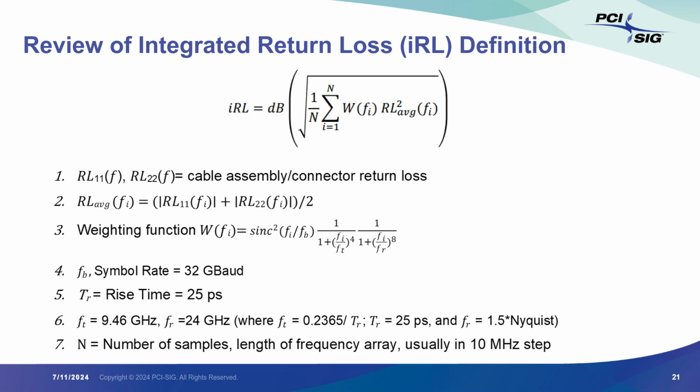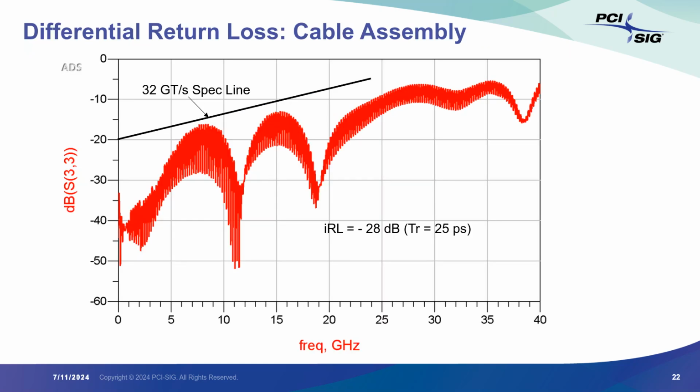So using that metric, we can now look into that. For example, for this detailed S parameter return loss, the corresponding integrated return loss value is minus 28 dB with a rise time of 25 picoseconds.